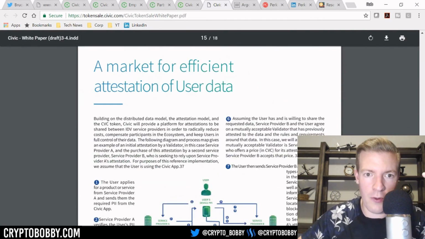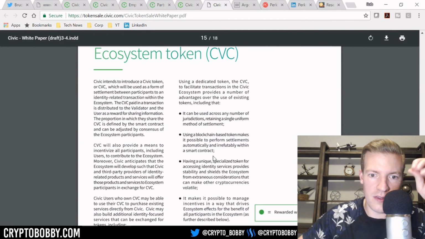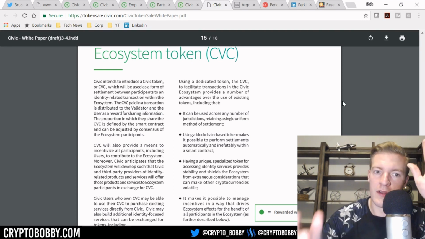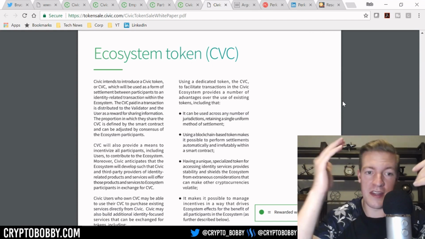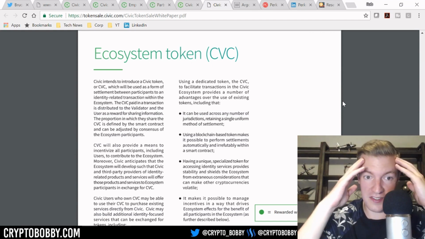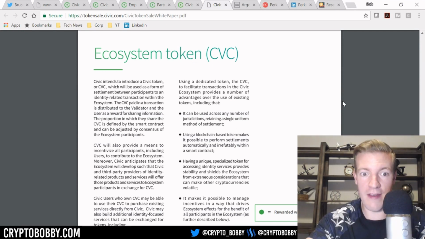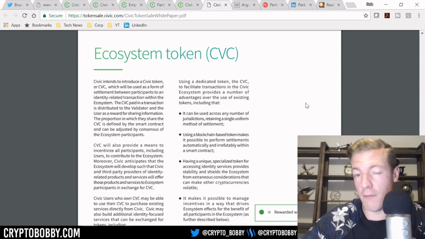The ecosystem token is meant to be a settlement layer between people with identifications and the ecosystem, a transaction layer distributed to a validator within Civic.